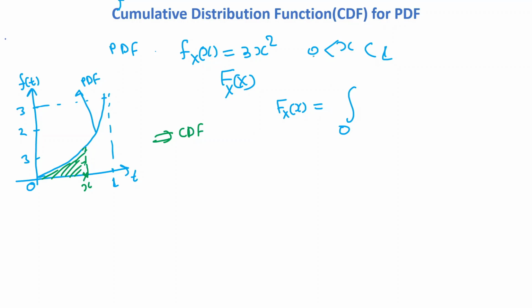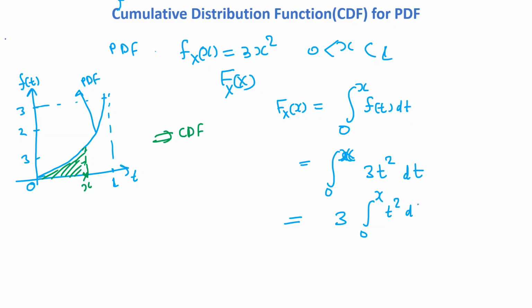X is given as 0 to 1, so 0 to x, f(t) dt. So we can say that this is 0 to x, 3t square dt.